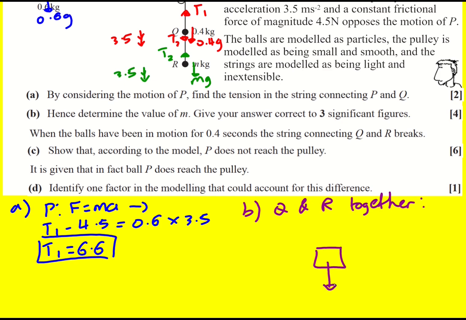So their weight is going to be 0.4 g plus mg, which actually I can factorize out in a minute. And then the only thing holding them up is that T1. I don't need to include T2 because now I'm considering them as a single thing.